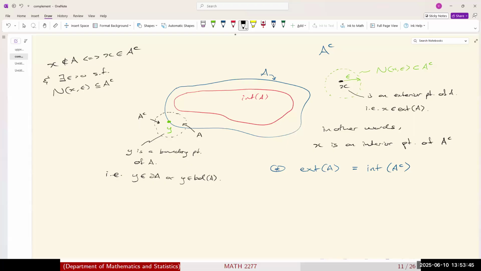Boundary points mean once you put an interval around it, to the left and to the right, on one side you contain points of the set A, and on the other side you contain points of A complement. So you are on the boundary. All of these are boundary points of A. Okay, the interior is not a boundary point. The exterior is not a boundary point.